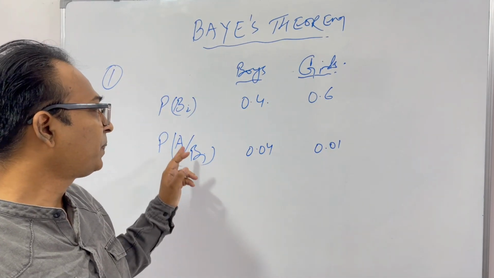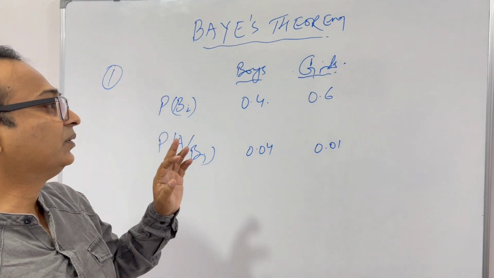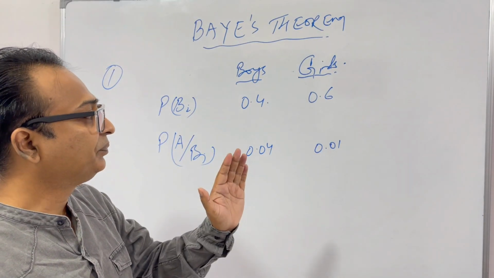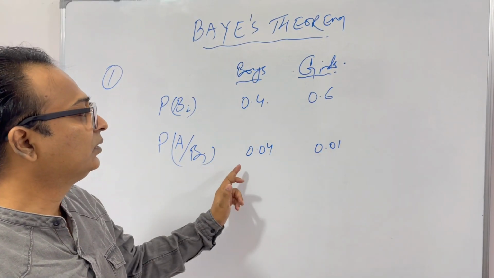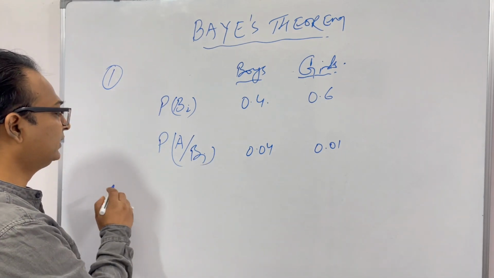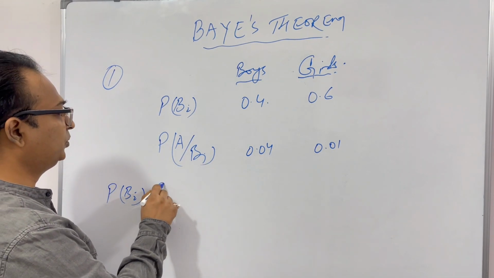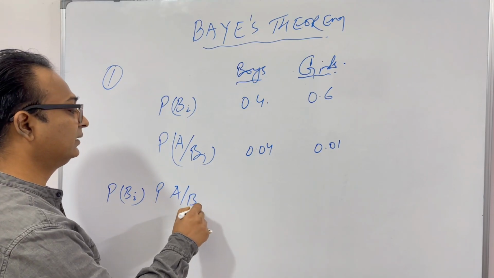How will we do that? P(Bi), P(A|Bi). And in Bayes theorem we had seen that in the denominator we have to combine this. So first of all, let's multiply this, P(Bi) into P(A|Bi).